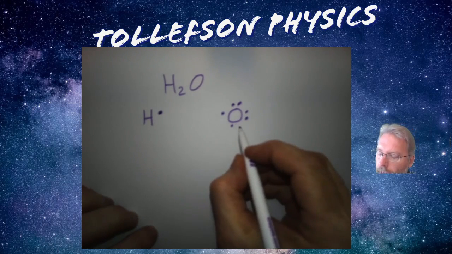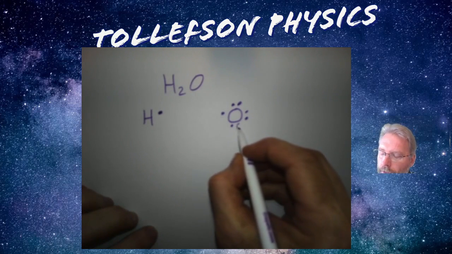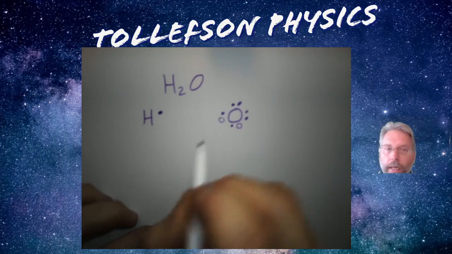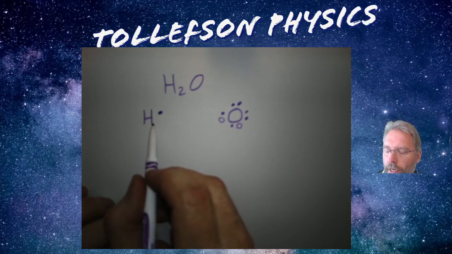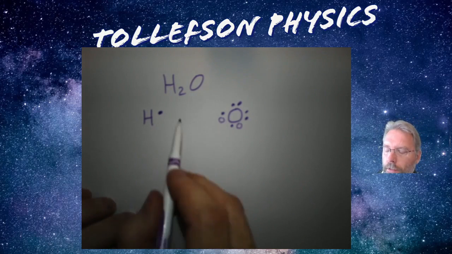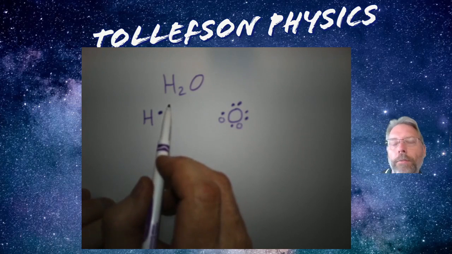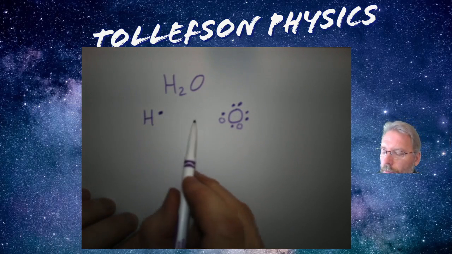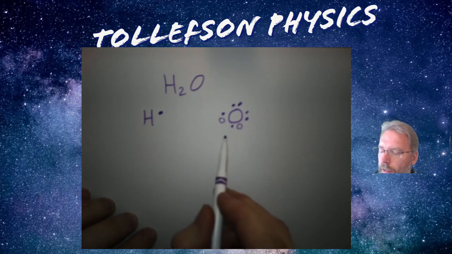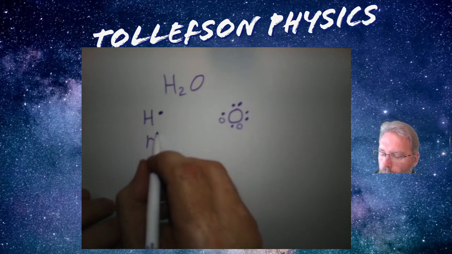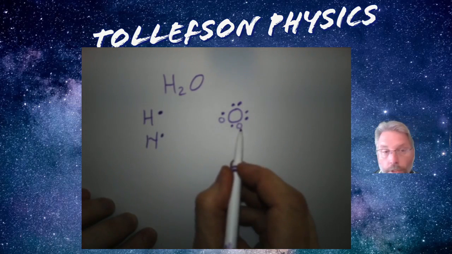That leaves holes here and here that need to be filled, and they're going to be filled by the hydrogen atoms. Now you can start to see why there are 2 hydrogen atoms paired up with an oxygen. This one gets shared and fills one of these spots, and a second one gets shared there.